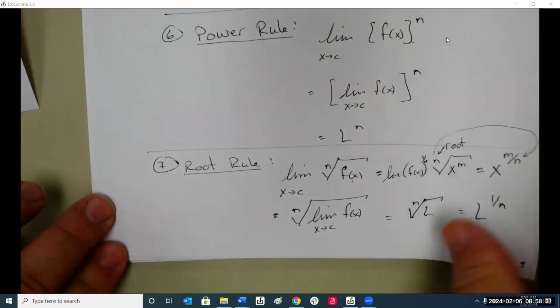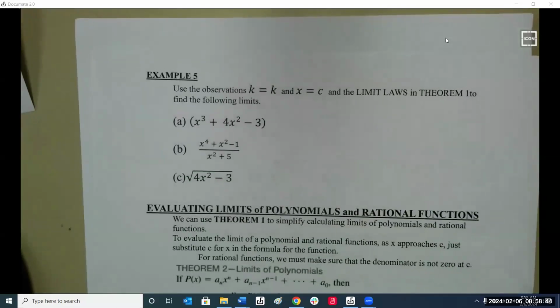Example 5, let's look at some of these limits. Use the abbreviations k equals k, x equals c as limit laws in theorem 1 to find the following limits.